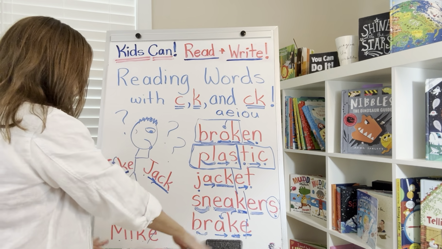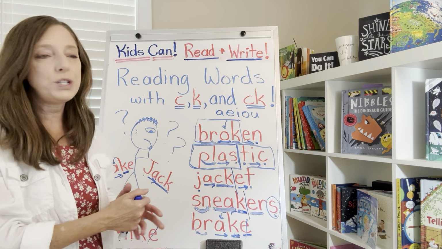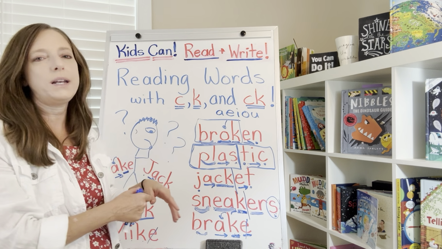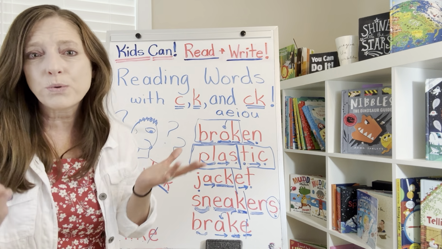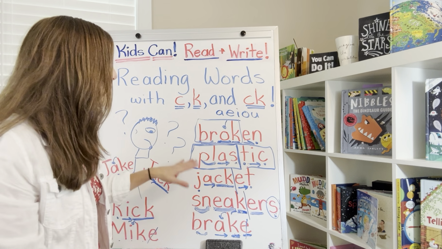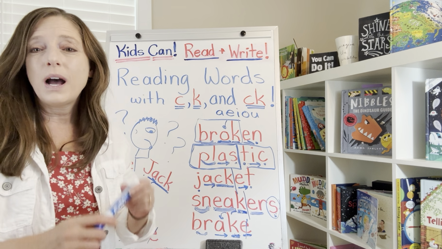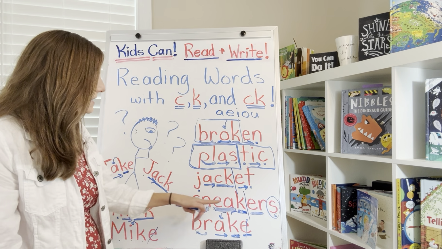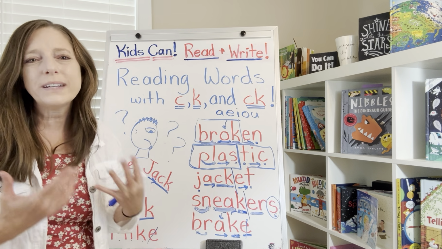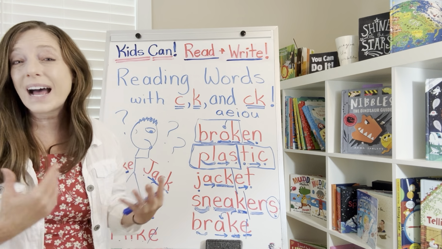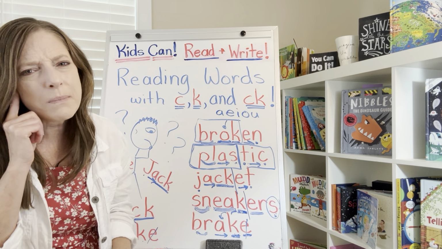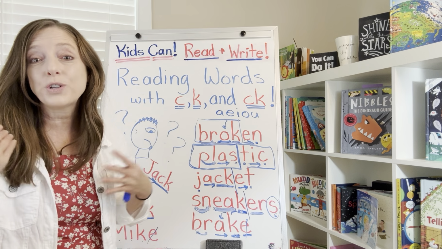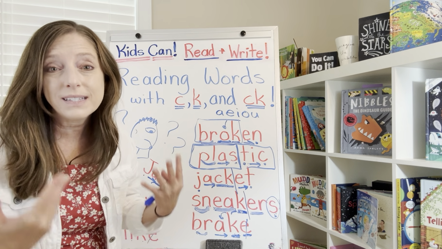Don't forget to go over vocabulary with your kids too. Make sure they know, like, broken. Oh, my pencil is broken, like it broke. Or plastic. Make sure they know what plastic is. Jacket, sneakers, break. Make sure you're explaining all these words or asking your child, hey, what does that mean, after they read it, to make sure they understand what they're even saying.